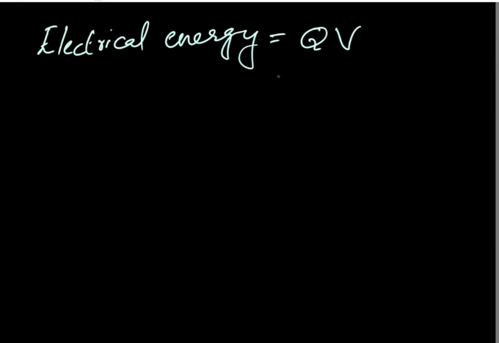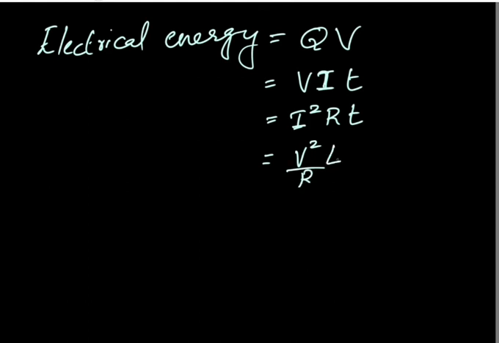Then it can also be written as VIT, where V is the potential difference, I is the current and T is the time. Everything should be written in SI unit. Then it can also be written as I squared RT, where I is the current, R is the resistance and T is the time. Also it can be written as V squared by R multiplied with T, where V is the potential difference, R is the resistance.